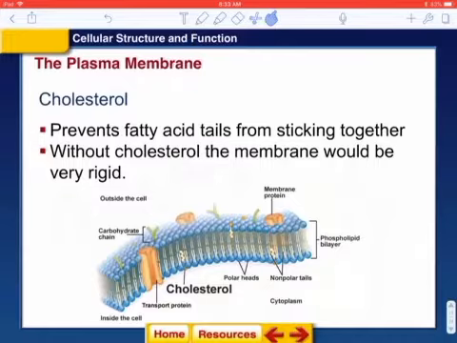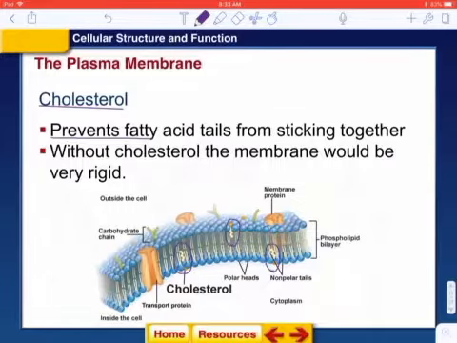But this cholesterol is actually the good kind of cholesterol, the kind that we need, because it's responsible for stabilizing our cell membranes. You can actually see the cholesterol right here. It's embedded right in between those fatty acid tails of some of those phospholipids. And its big job is to prevent those fatty acid tails from sticking together.